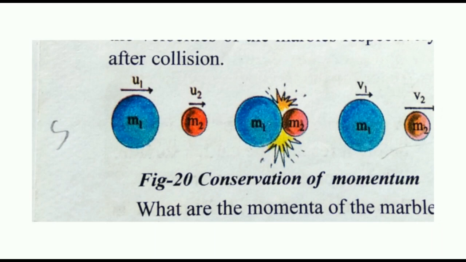Let V1 and V2 be the velocities of the marbles respectively after collision. So before collision u1, u2 are the velocities, and after collision v1, v2 are the velocities.